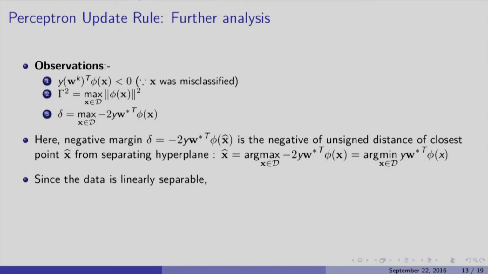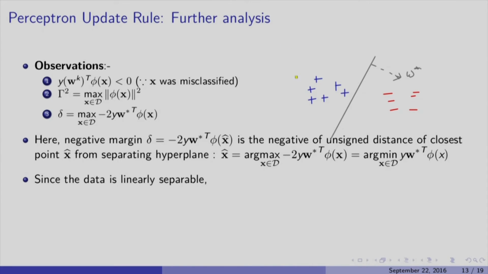So let us again depict this pictorially. Let us say these were the negative points, we had some positive points, and let us say this was a separating surface characterized by w star. Now there will be some point which is sufficiently close to the separating surface.